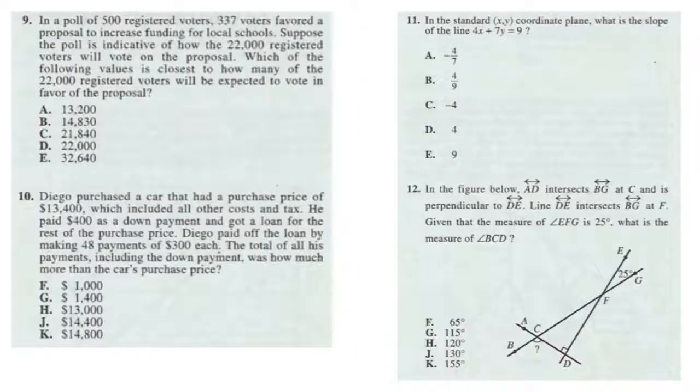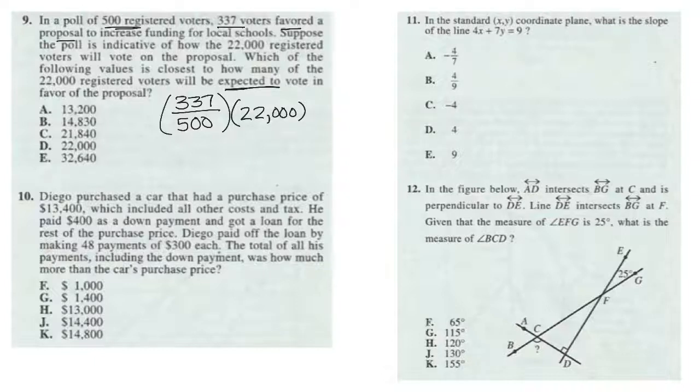Right, for our next one, we have 500 registered voters, 337 are in favor of the proposal. So we need to see what that percentage is. So we have 337 over 500, and whatever that percentage is, or decimal, we're going to multiply that by the 22,000 to see what might be expected here.